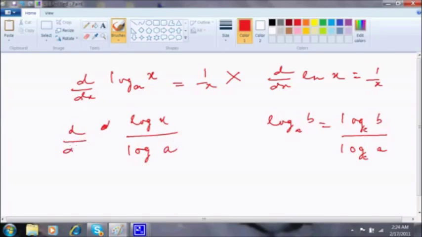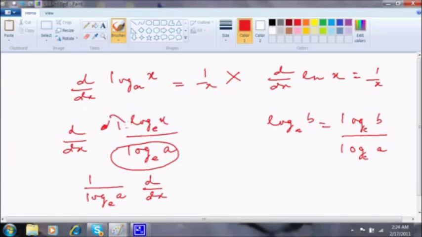d by dx is as such, and I'll make the base e because in differentiation we know that log means base e, and this part itself is a constant, so it comes out of dy/dx. This is the derivative of log of x to base e, which is 1 by x.